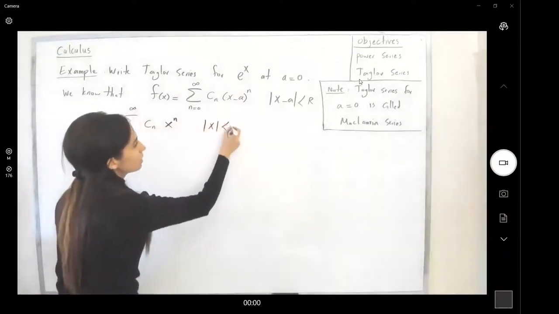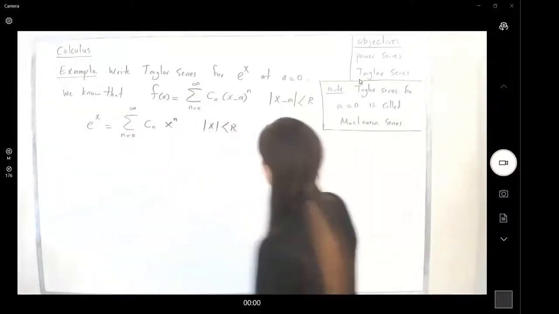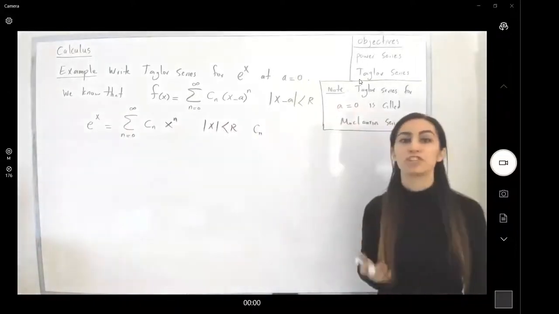Absolute value of x is less than R. And we define Cn. Guys, the definition is important.